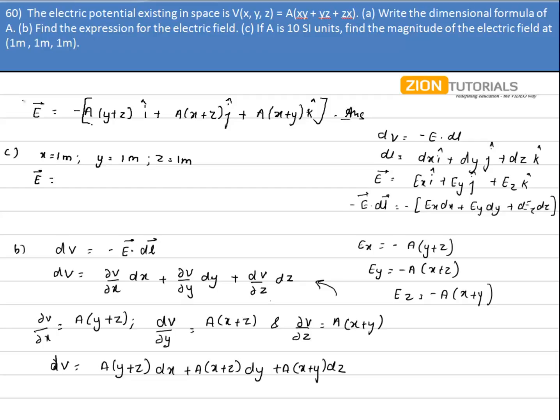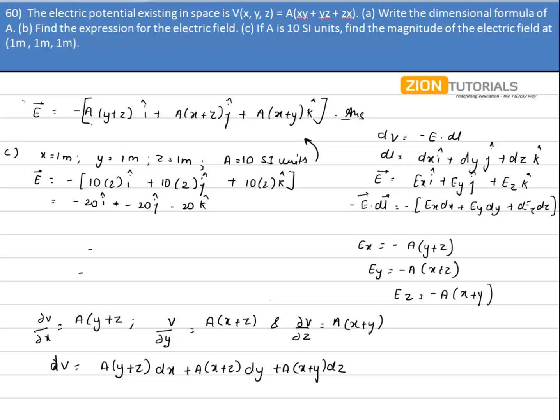Substituting x equals 1, y equals 1, z equals 1, and A equal to 10 SI units in this equation, we get minus 10 into 2 i cap minus 10 into 2 j cap minus 10 into 2 k cap, which comes out to be minus 20 i cap minus 20 j cap minus 20 k cap.